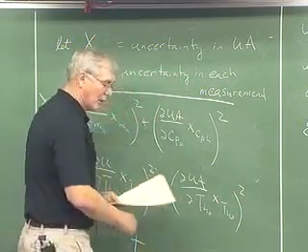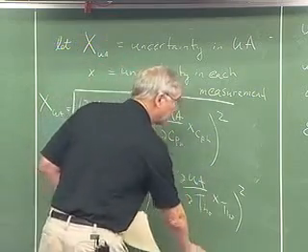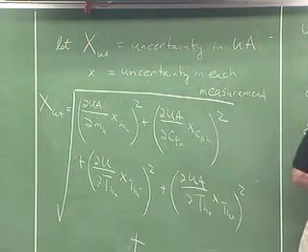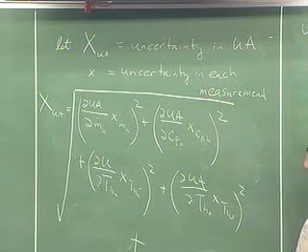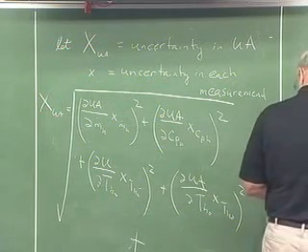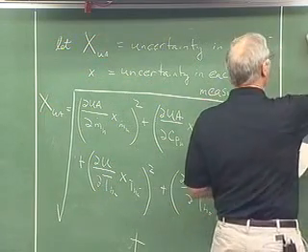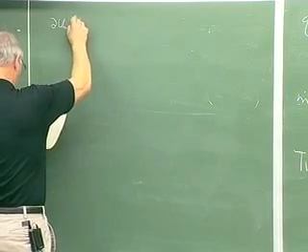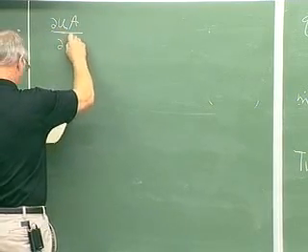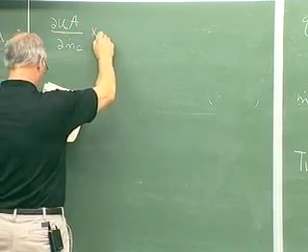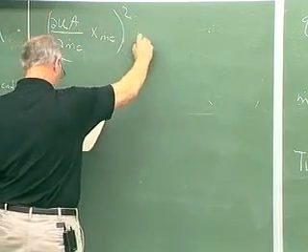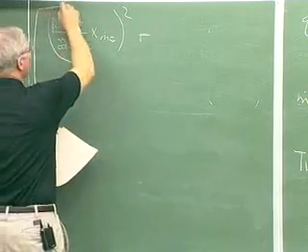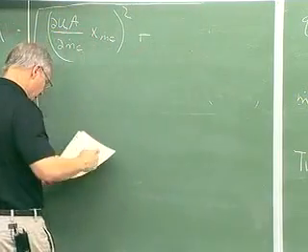Plus, I have to go to the next board, but it's all still under the square root. The partial of UA with respect to m dot c times the uncertainty in m dot c squared plus, so we'll keep this square root up here. Remember, it goes with the other one.